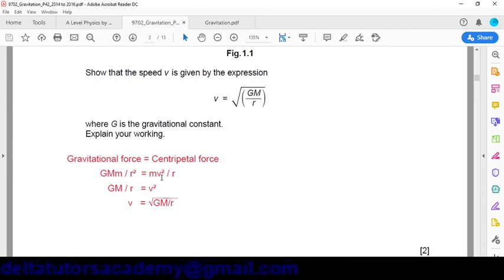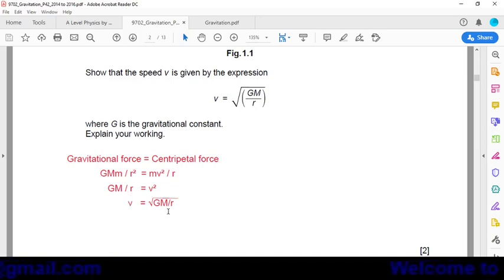Centripetal force is given as mv square over r, where m is mass of the stone, v is the velocity of the stone, and r is the separation between the stone and the planet. Okay, this small m will be cancelled out and we will get v square is equal to GM over r, and by taking square root on both sides we will get v is equal to under root GM over r. It is done.